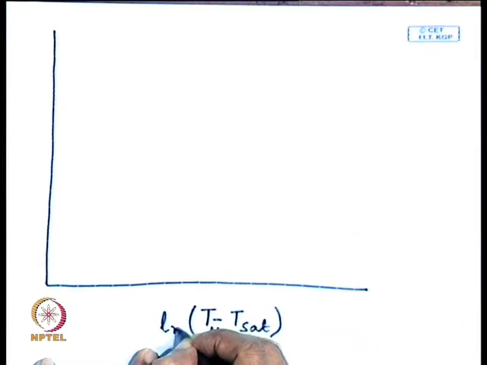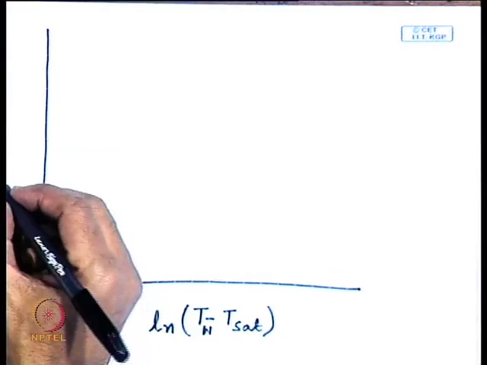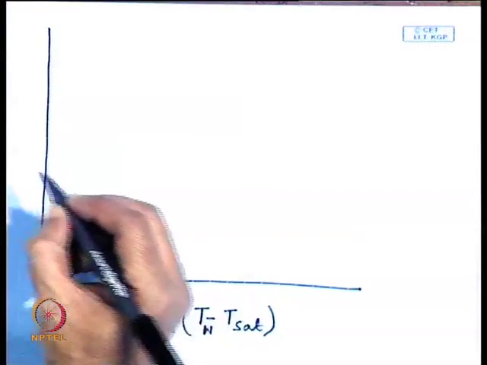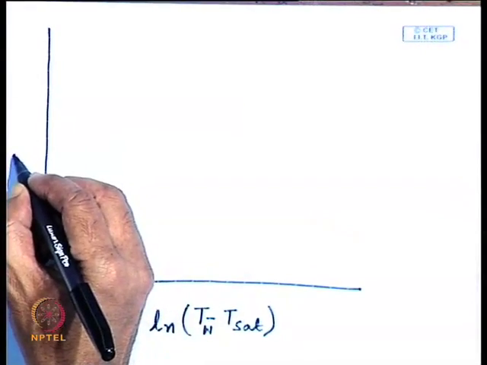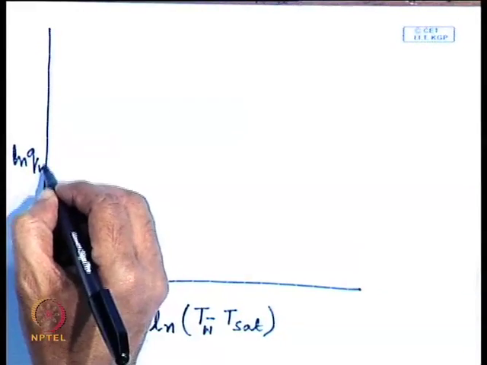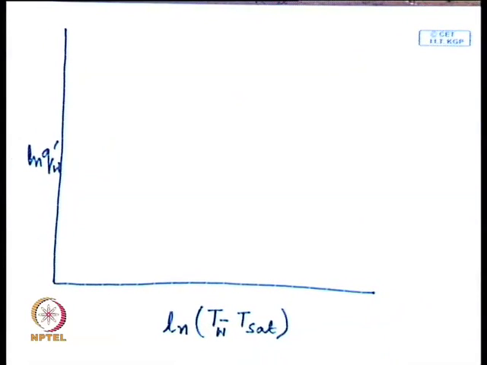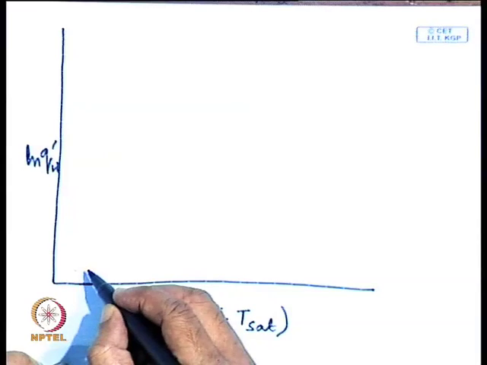Conventionally a logarithmic scale is used. So, here we are having, conventionally here also a logarithmic scale is used, and then the curve looks like this.